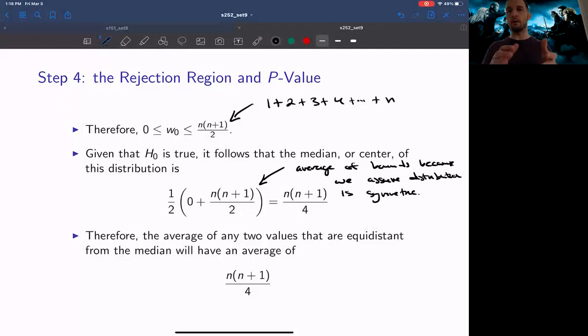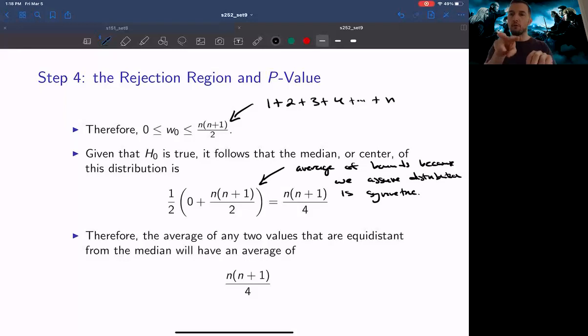Okay, so if we all are in agreement, then what we have established is that for the distribution of the test statistic, the midpoint is at n times n plus 1 over 4. For this particular distribution, n times n plus 1 over 4 will always be right at the middle.